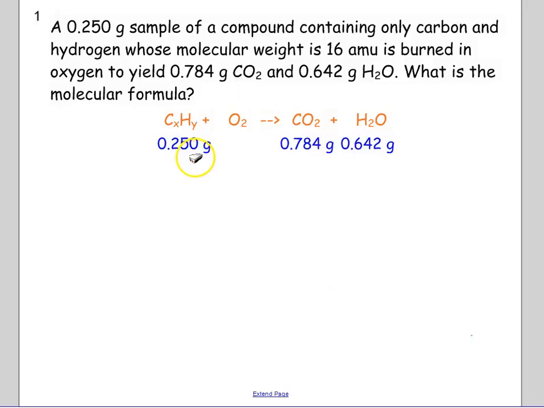We know that there's 1/4 gram of hydrocarbon. We know that there's 0.784 grams of carbon dioxide, 0.642 grams of water. So let's try to figure out how many grams of carbon are in our original substance.